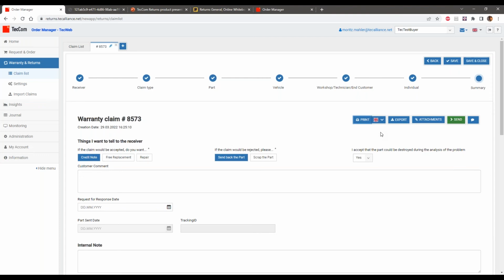What if the supplier is, for example, somewhere in, let's say, Portugal? I don't speak Portuguese. Maybe some of you here can, but I can't. So if I send a claim in English, it's quite okay.